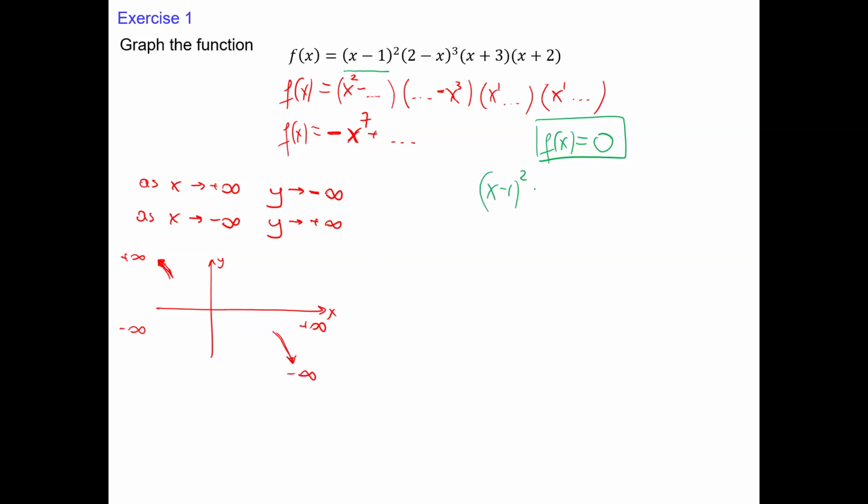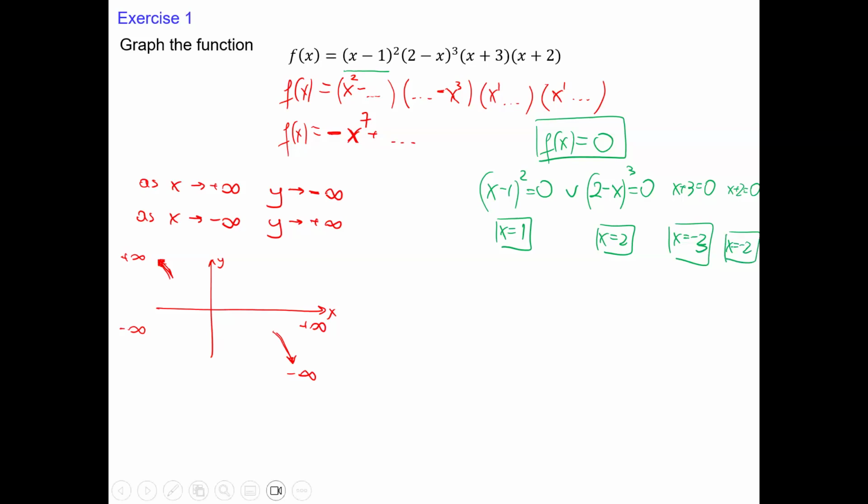When x minus 1 squared is 0, or 2 minus x cubed is 0, when x plus 3 is 0, and x plus 2 is 0. Okay, that means x equals 1, x equals 2, x equals -3, and x equals -2. Those are the x-intercepts.